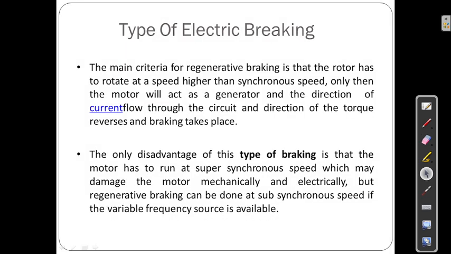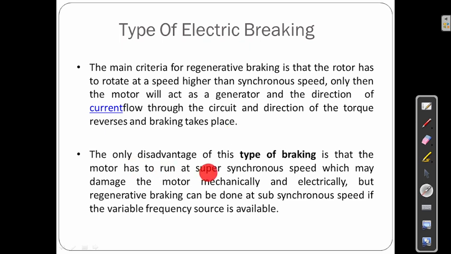The main criterion of regenerative braking is that the rotor has to rotate at a speed higher than the synchronous speed. Only then will the motor act as a generator, and the direction of current flow through the circuit and the direction of the torque reverse and the braking takes place.